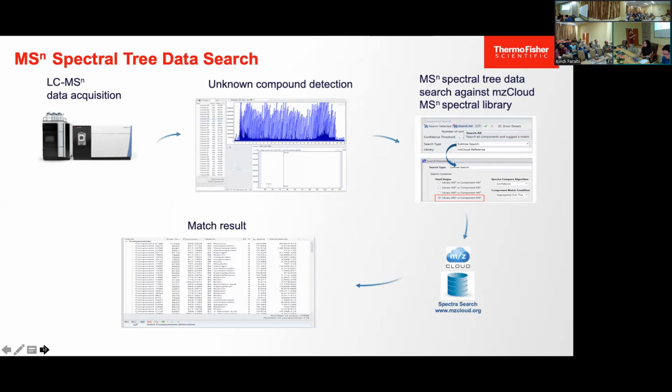This result may be a bit complicated, but if you depend on the software and mzCloud, it will just give you a list in Excel of how it matches the compounds in the spectral library. Next.